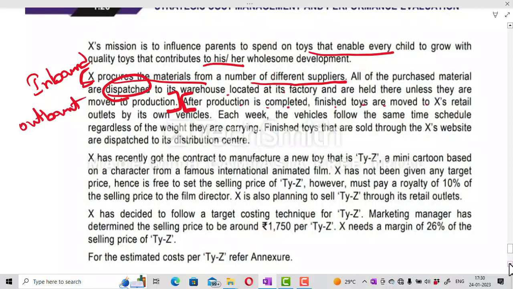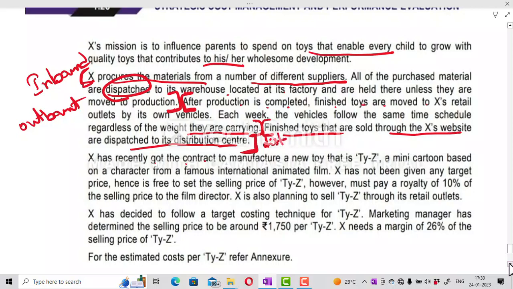Each week, vehicles follow the same time schedule regardless of the weight they are carrying. Finished goods that are sold through X's website are dispatched to the distribution center. Okay, this is regarding outbound logistics. Up to here it is outbound and distribution.